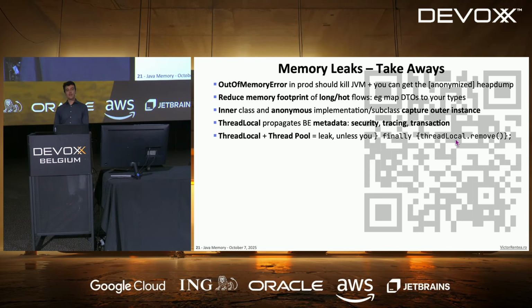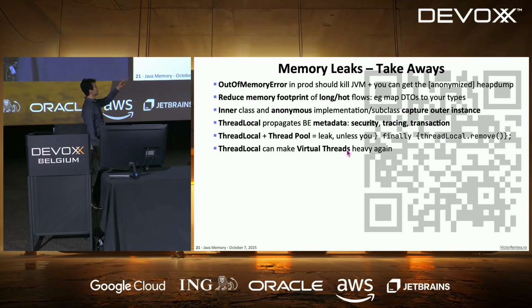Good. ThreadLocals and thread pool are a deadly combination because the pool keeps some threads open for longer, even if the flow is finished. The larger the pool, the bigger the leak, of course. So you should finally ThreadLocal remove, or better yet, do not do that at all. Do not play with ThreadLocals yourself. Try to use some framework-managed stuff. ThreadLocal can make virtual threads heavy again.